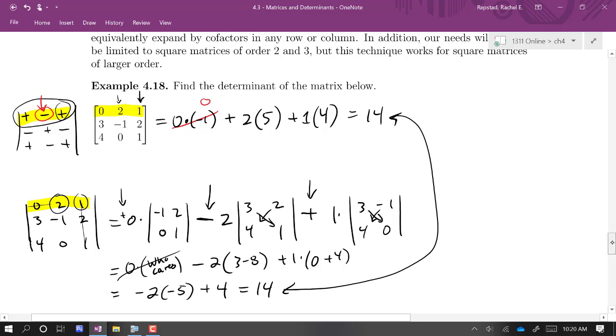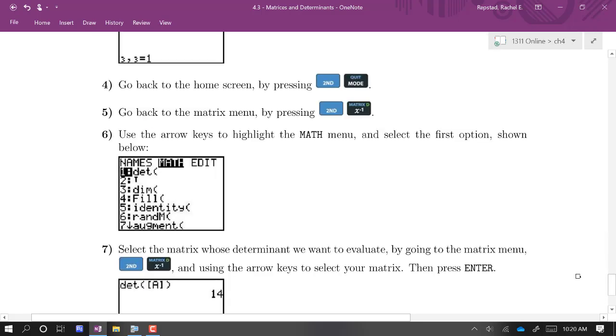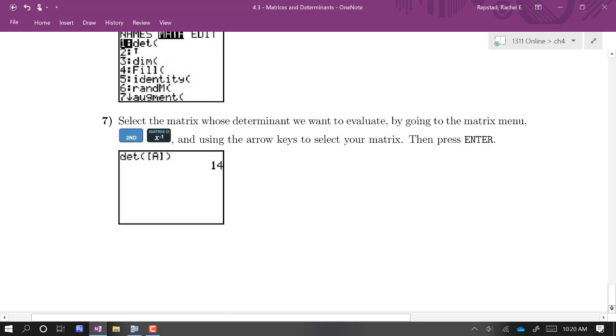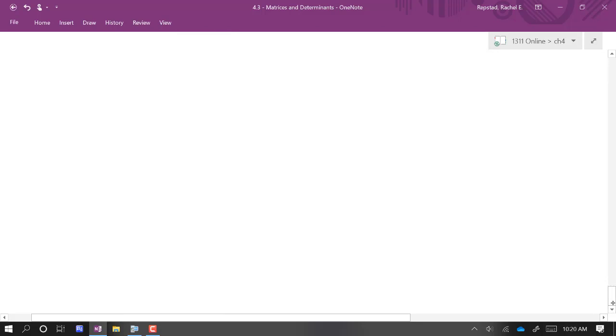I'm going to show you one more example, because I mentioned that we can expand on any row or column that we wish. And there are choices we can make that will make our jobs easier. So this is a bonus example. We're going to find the determinant of this 3 by 3.